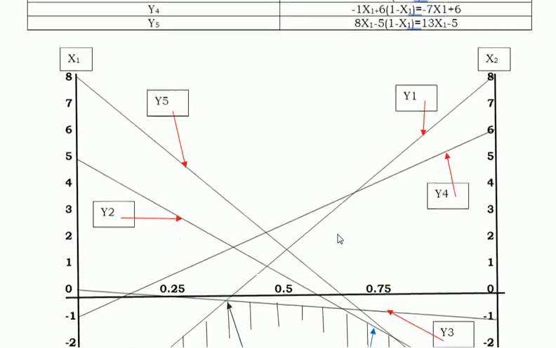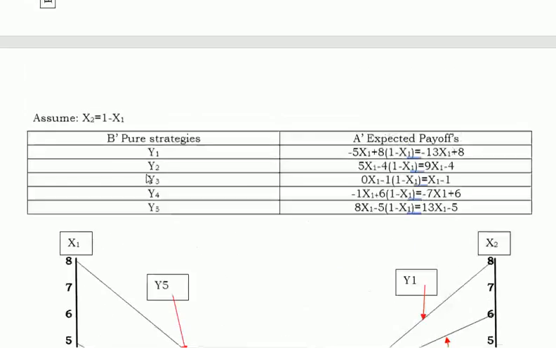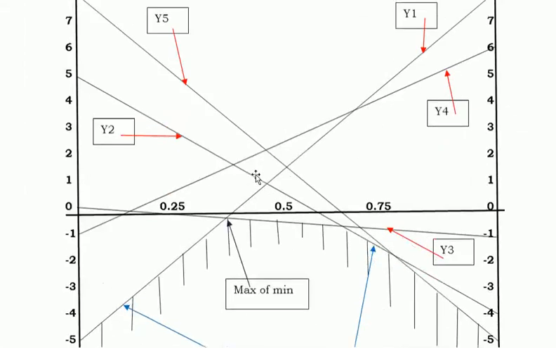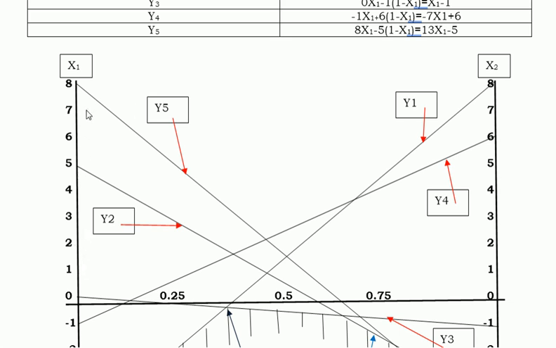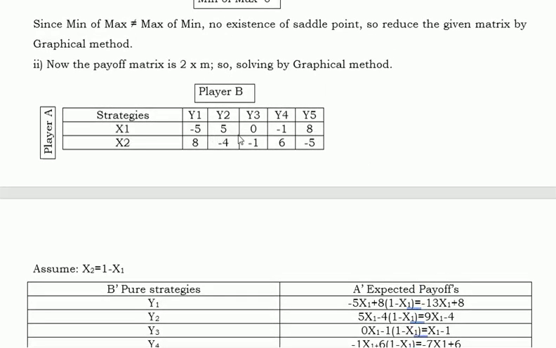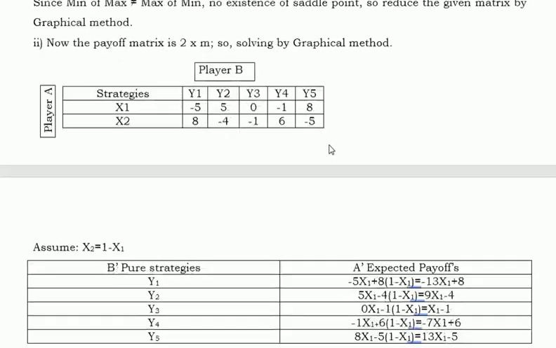Now the scale here. For x1 and x2, the maximum positive value is 8. So on the positive side you take 8, 1 centimeter equal to 1 unit scale. On the negative side, the most negative is minus 5, referring to this table.